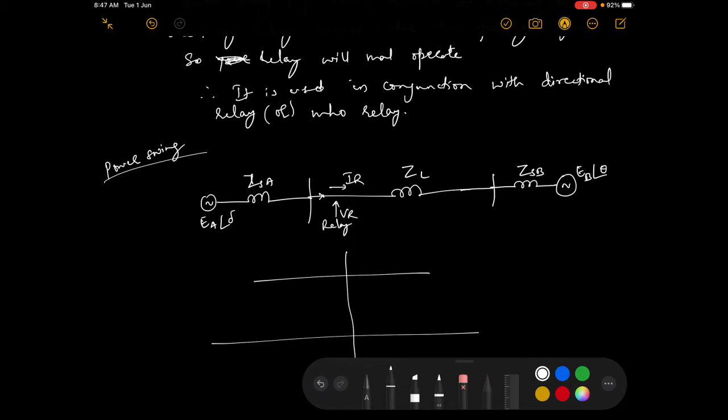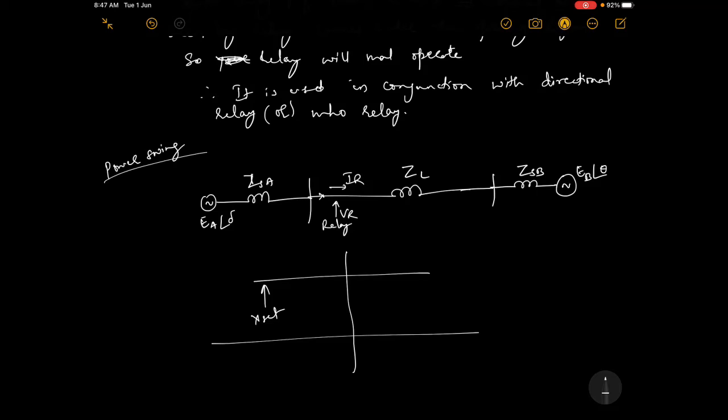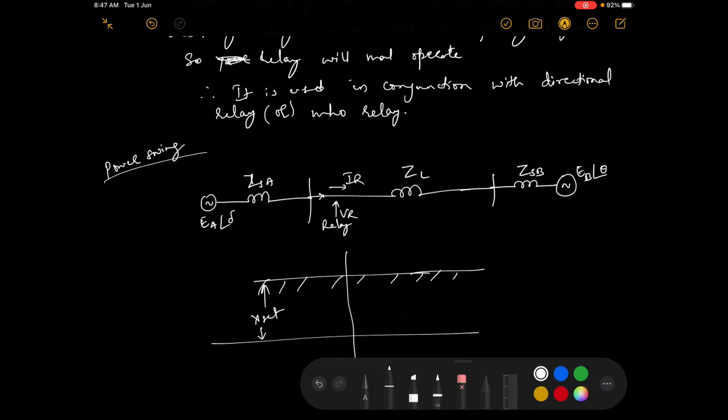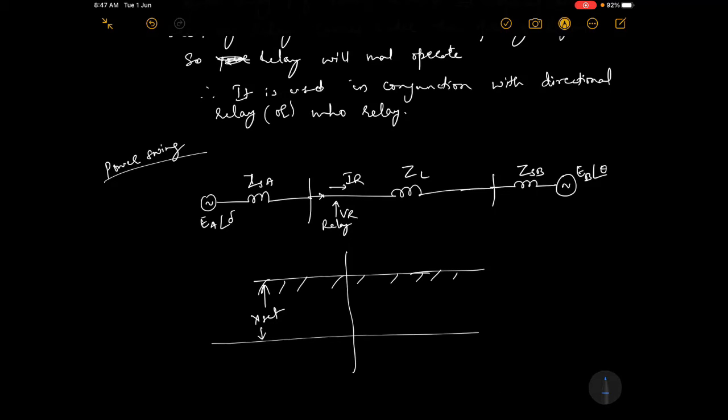Now this is our X set, and it will operate below this point. So this is our reactance relay. Now this is our operating line, the fault line.